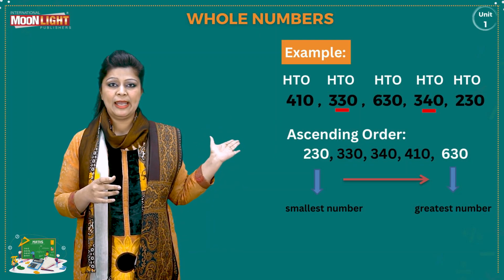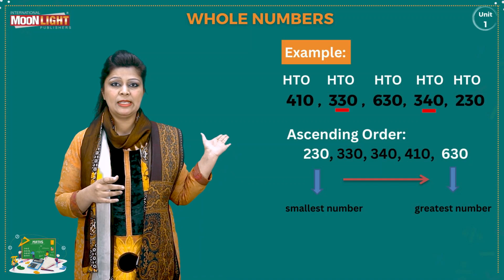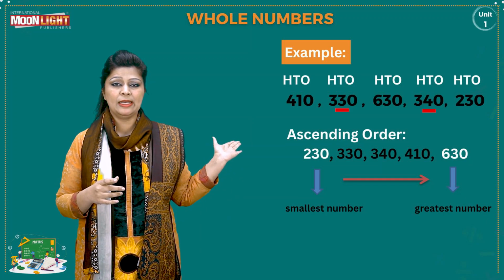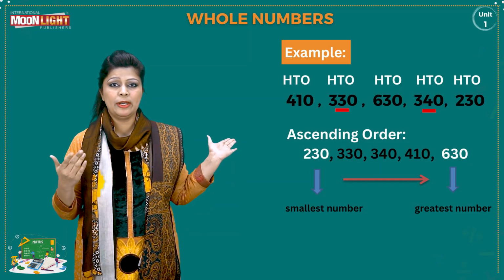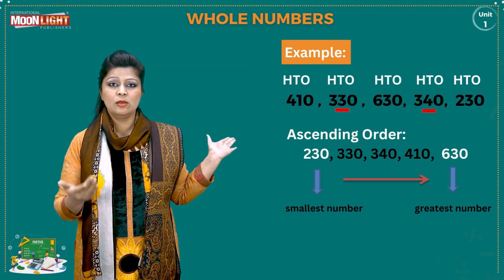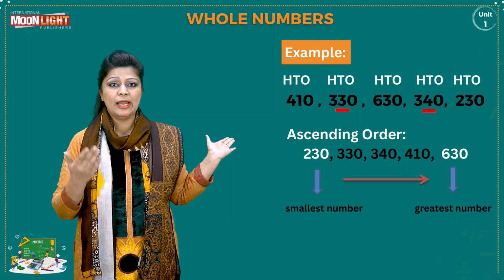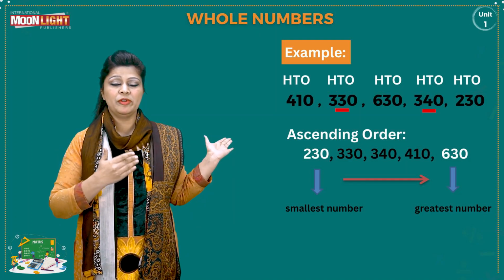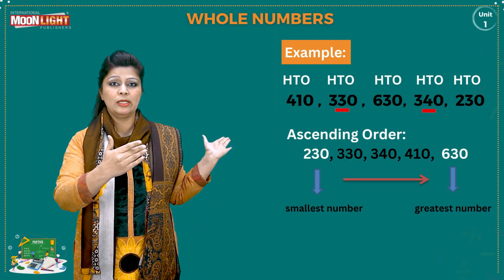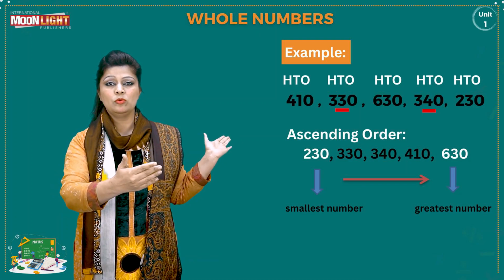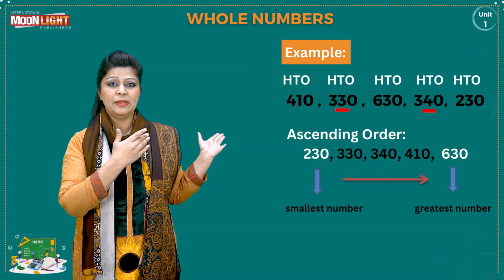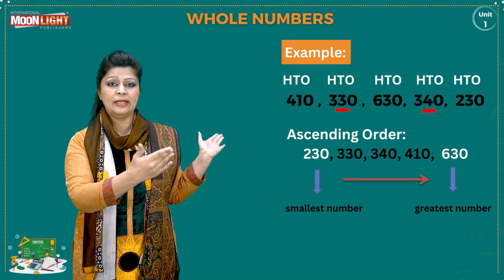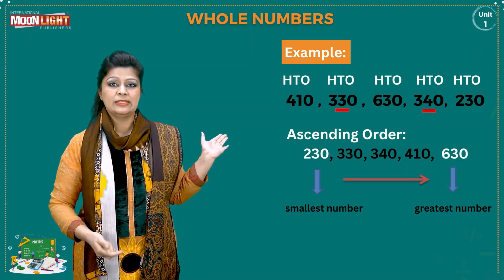At the tens place there is 3 in one number and 4 in the other. You already know 4 is greater. As we are moving from the smaller to the greater one, the next number after 230 will be 330.